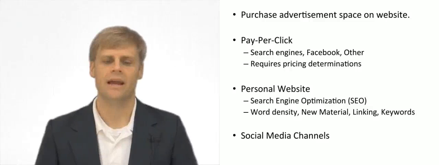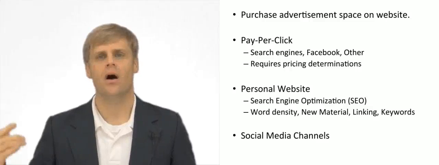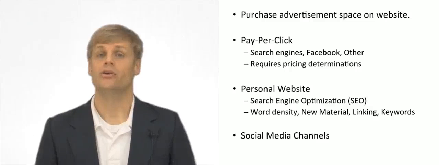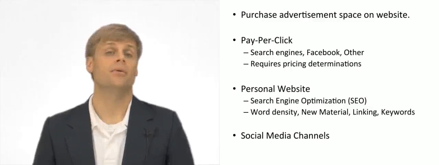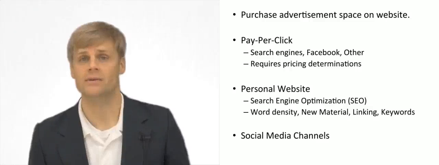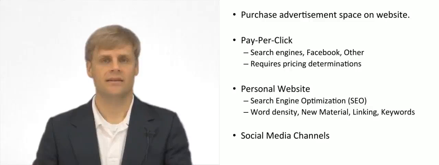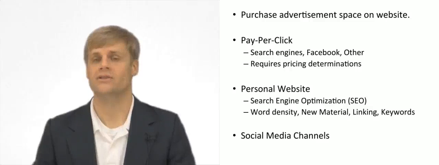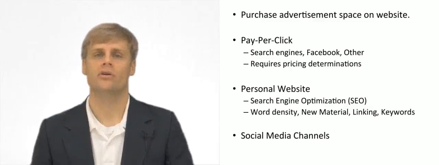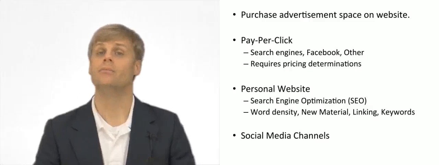Other methods would be a pay-per-click method, which means when individuals click on your advertisement on a given site or search engine, then you're charged at that point in time. And that's the method primarily that search engines like Bing, Yahoo, and Google, and even Facebook now use. You can advertise in the side margins of their websites or their search engine screens, and when individuals click on that, you're charged a given amount based on whatever pricing characteristics that they employ at that time.